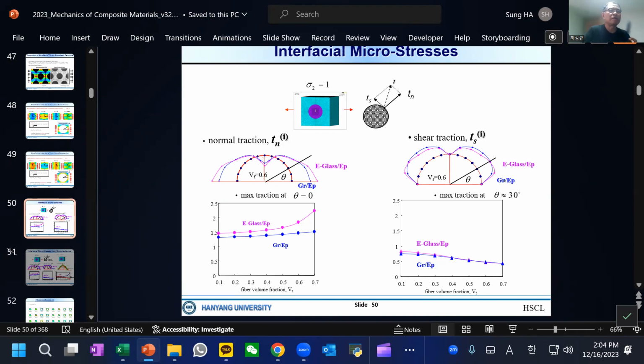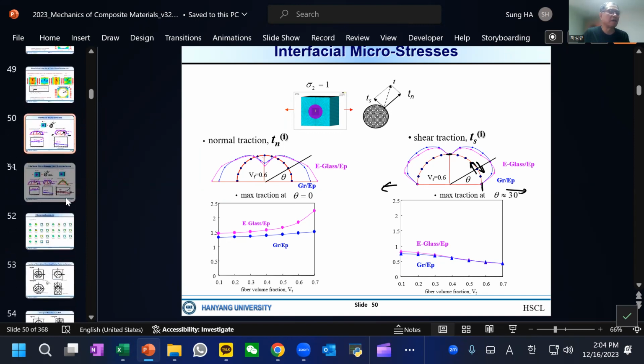Let's say this is a tension, right? There will be no shear because of symmetry. But about here, we will have a sort of shear stress like this. So you can imagine that. Depending on glass and carbon, we have a different shear stress at the interface.